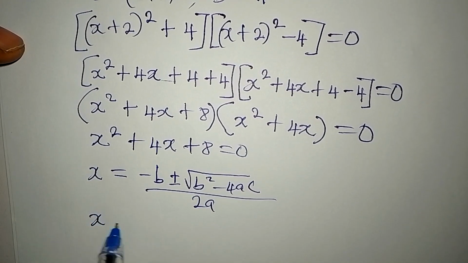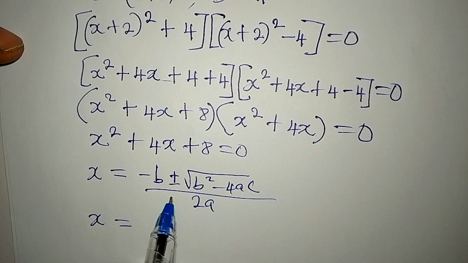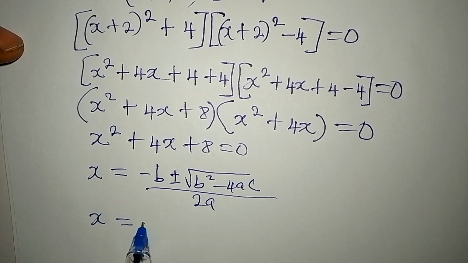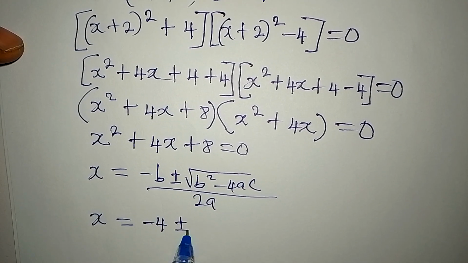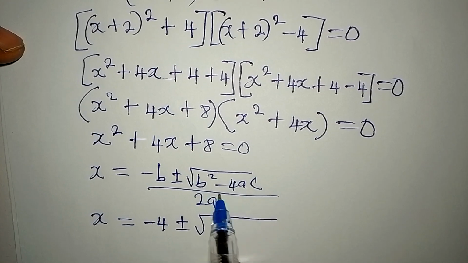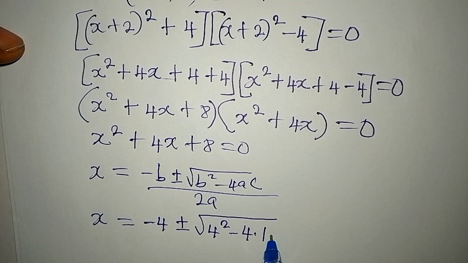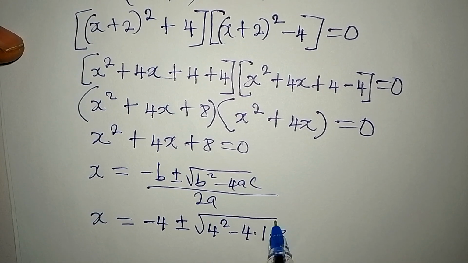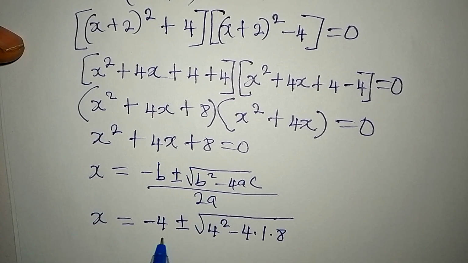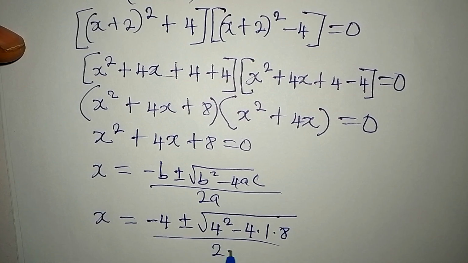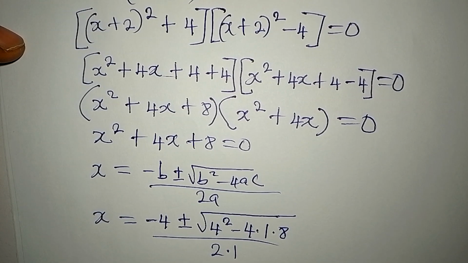Now this means that our x is equal to, our b is 4, so we're having -4 ± √(4^2 - 4 times a, which is 1, and c is 8), divided by 2 times 1 because a is still 1.